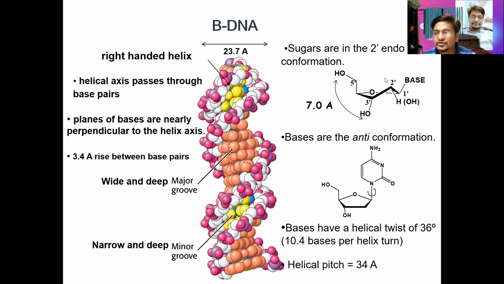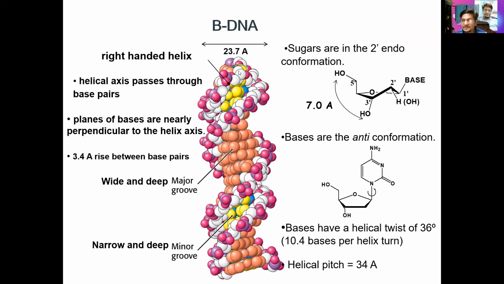Let's talk about the structure of B-DNA, which is the natural DNA that we see in our biological system. Roughly the diameter is going to be in the range of 2 nanometer or 20 angstrom. This is the right-handed structure. And the sugar has a specific conformation because of 2' endo.